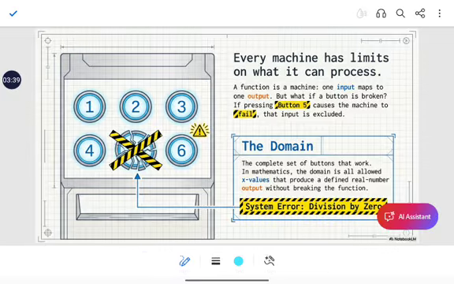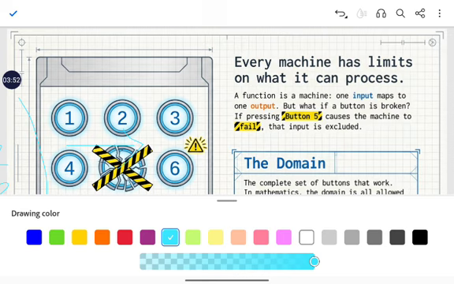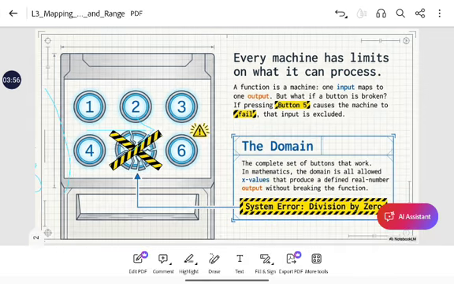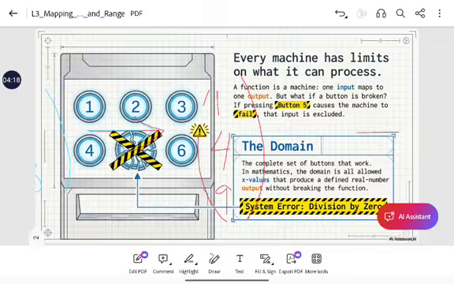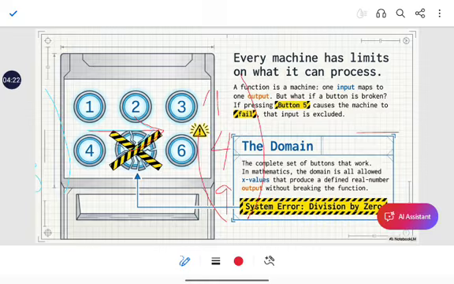For example, if I have 1, 2, 3, and there's some kind of mapping that maps to 1, 4, and 9, because every single input produces an output, we call the left side the domain and the right side the range.